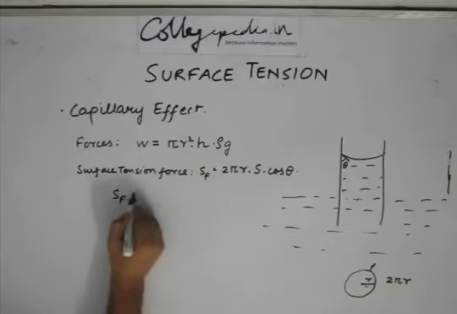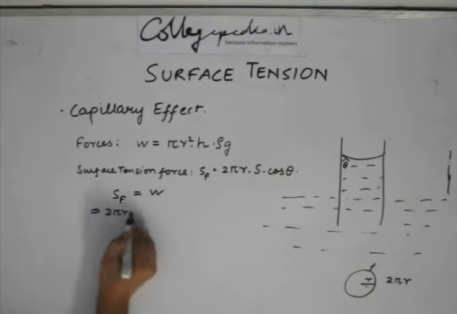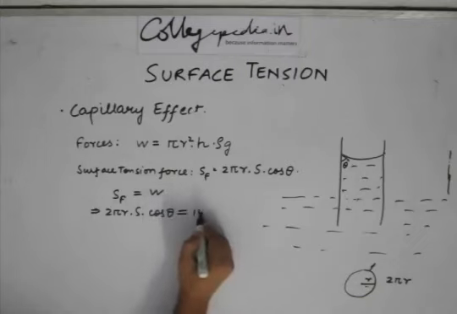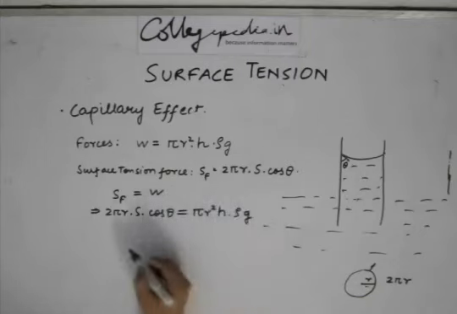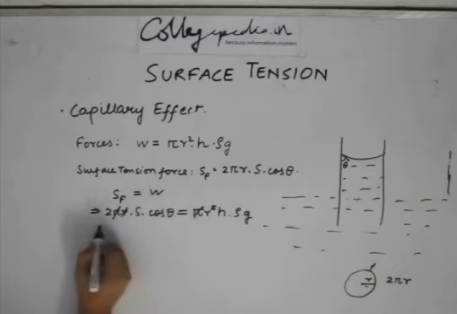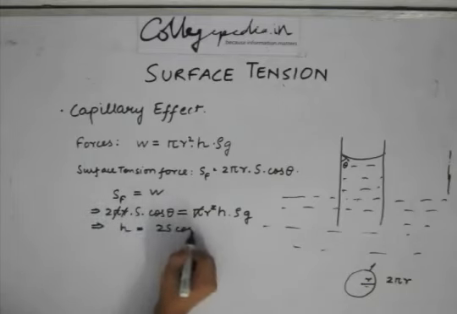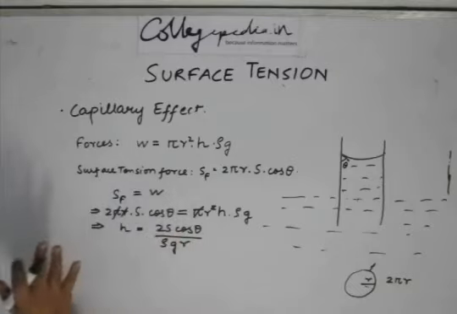So SF is equal to W. Therefore 2 pi r times S into cos theta is equal to pi r square h into rho into g. Pi gets cancelled, one r gets cancelled. What we have is h is equal to 2 S cos theta divided by rho g r, which is same as we found out by the pressure method.